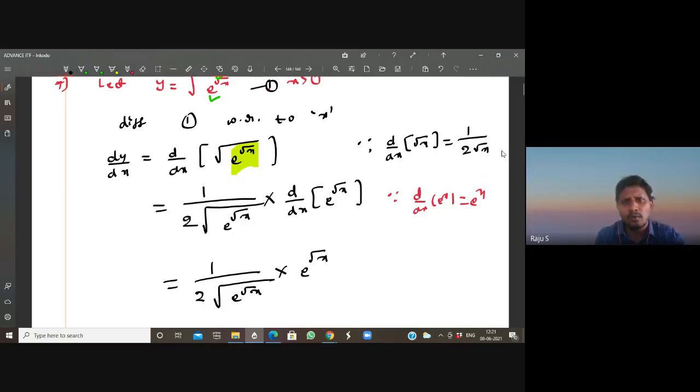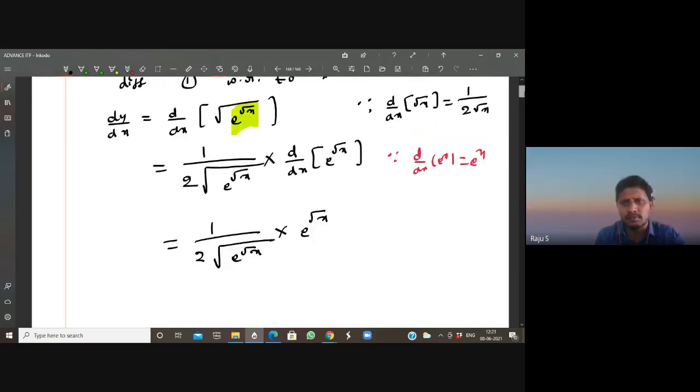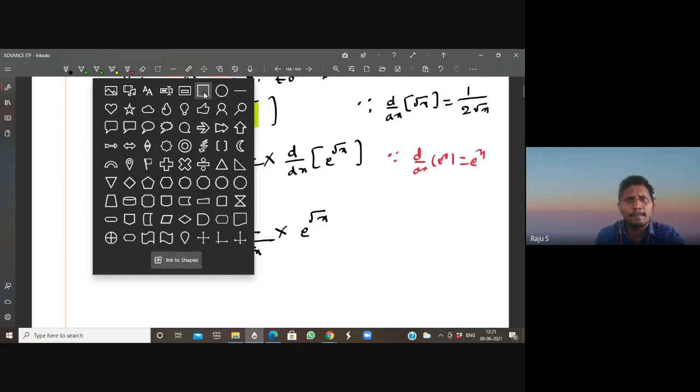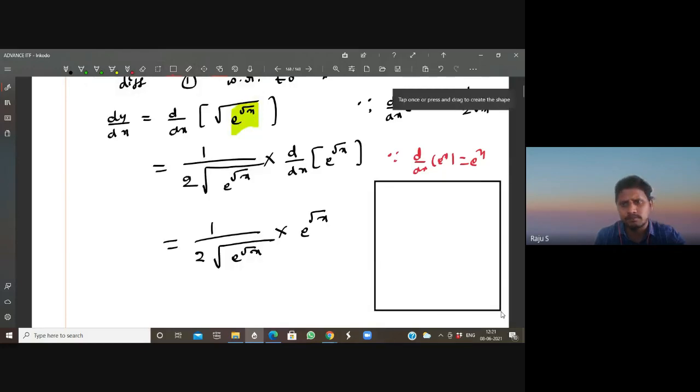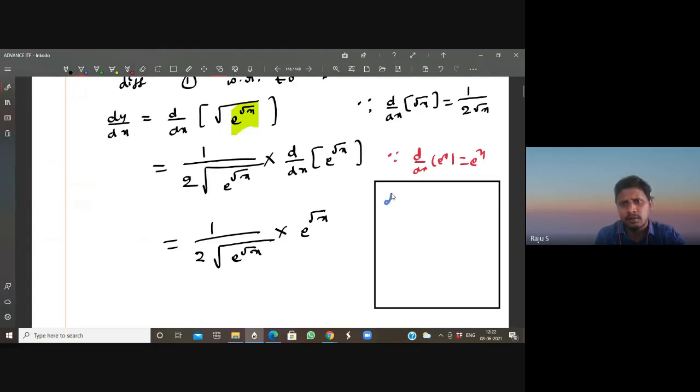X power n minus 1, no, sir? Yeah, I'll explain. I think I already explained once; look at it again. D by dx of root x.